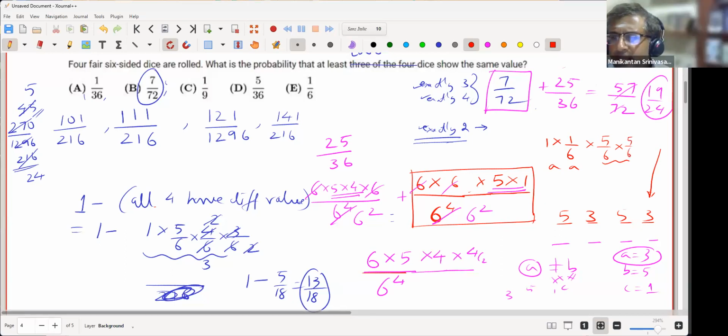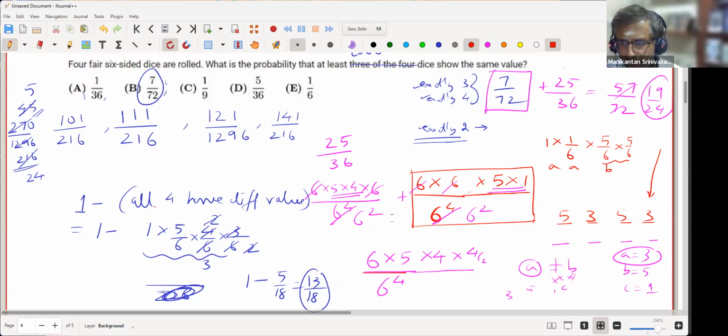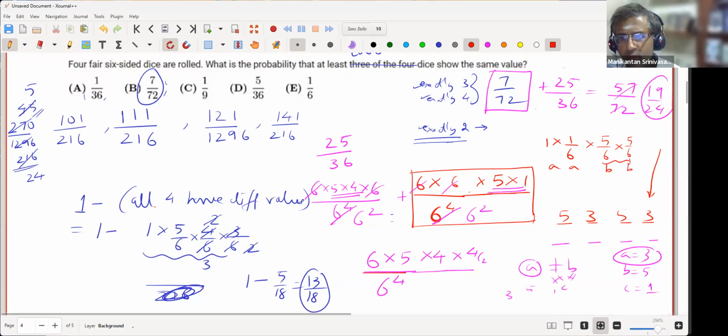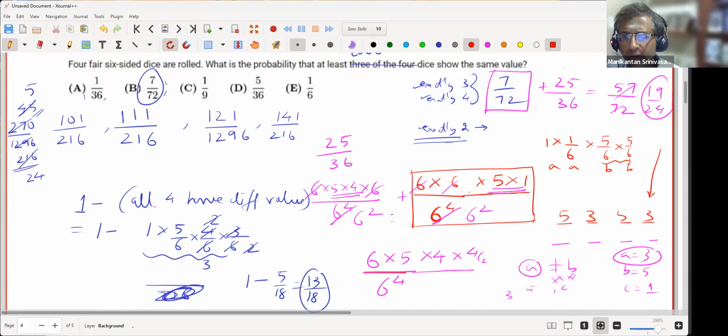So 5 upon 6 times 5 upon 6, explain the 5. So you choose a B, which is different than A. And then what is this 5 upon 6? Again, you want this to be... Yeah, so it can be B or any other thing. So that accounted for the AABB case, but then I don't know why that's wrong. Why the last 5 upon 6? I don't understand.